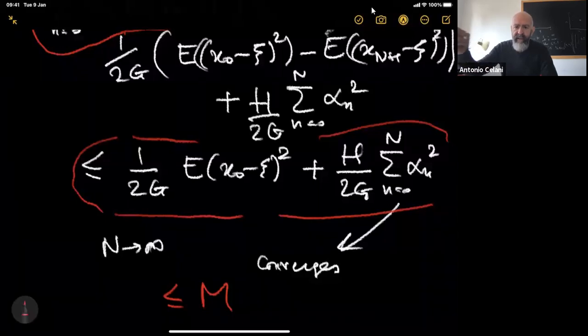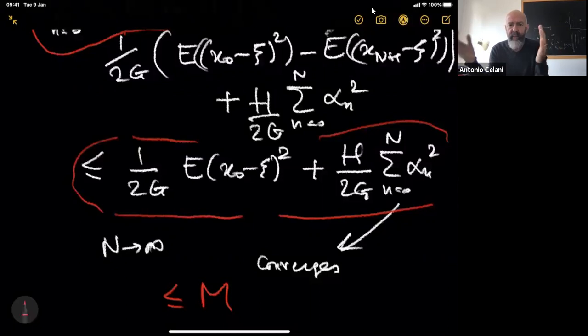For any capital N, this is a series of positive numbers. So if it converges, there must be an upper bound to it. And this first term is just how far I am from my initial point. So the only condition here I have to impose is that I don't start infinitely far away from my zero. If my interval is finite, this is fine as well.